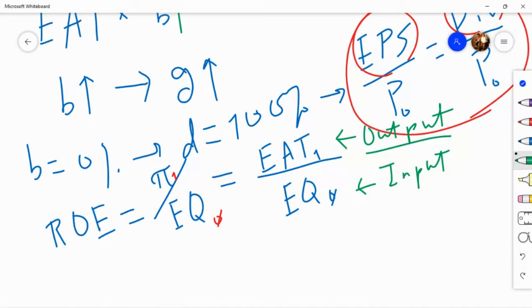It's just like gas mileage. You put a gallon of gas in the car, and how many miles does it run? If it runs 40 miles per gallon, obviously that car is more efficient and more productive than the car that gets only 10 miles per gallon.